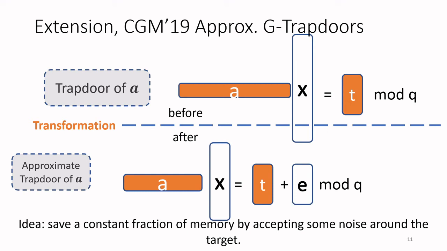So you would hash the message to a target, and then instead of checking equality, you would just check that this pre-image is close in, say, Euclidean distance to the target, or say maybe L1 norm, whatever we need.